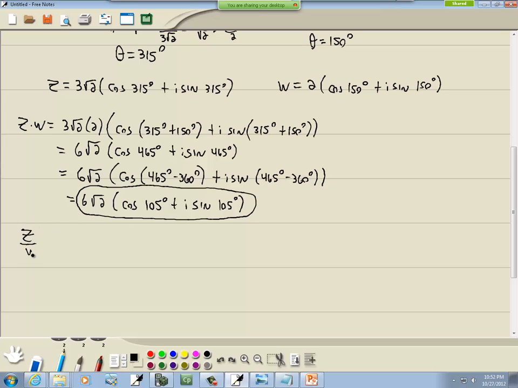Then we got to do division. So I'm going to divide my r's. So I'll take 3 square root of 2 divided by 2, and I'll subtract my angles. So I got cosine of 315 degrees minus 150 degrees plus i sine of 315 degrees minus 150 degrees.